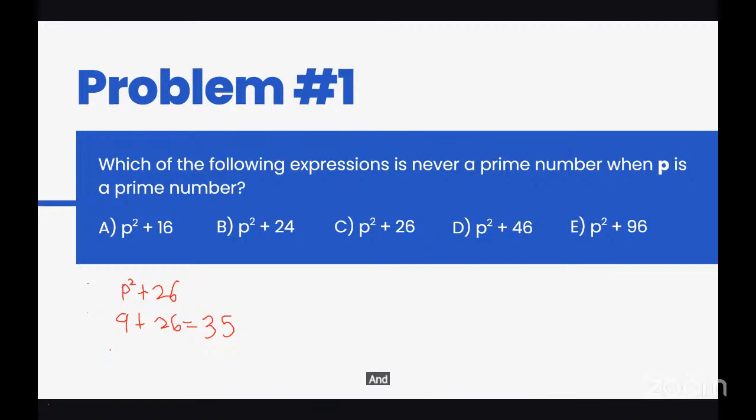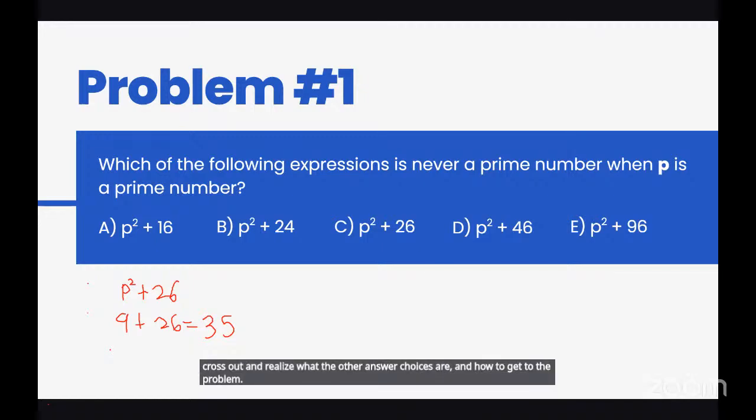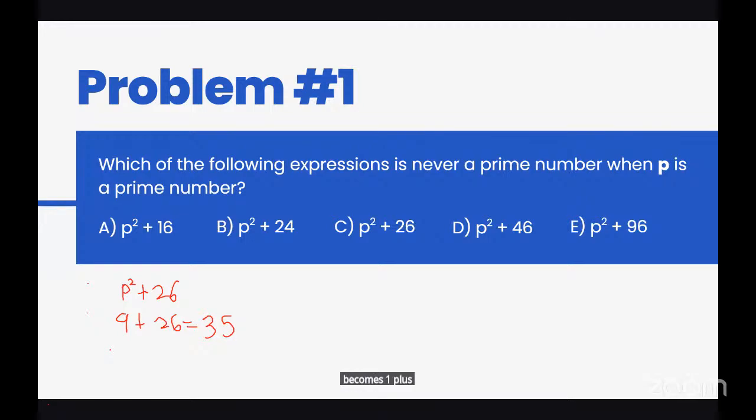And that allows us to cross out and realize what the other answer choices are and how to get to that problem. So if p squared always leaves a remainder of 1, then p squared plus 26 becomes 1 plus 26, which is 27. So this is immediately how you get to this answer choice.